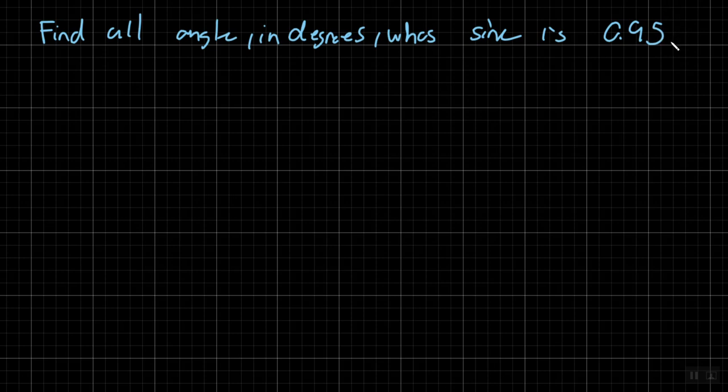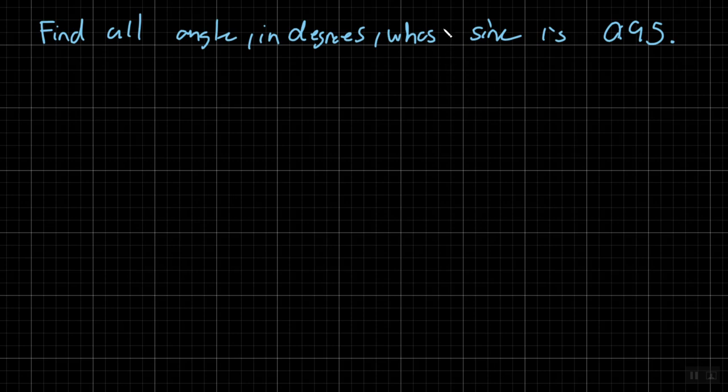That's the question. Find all the angles. Want me to start it for you? What does 0.95 mean? Sine is 0.95. That's what sine means? Yep, sine is that. We're learning it now, but you do know that because we just did it.